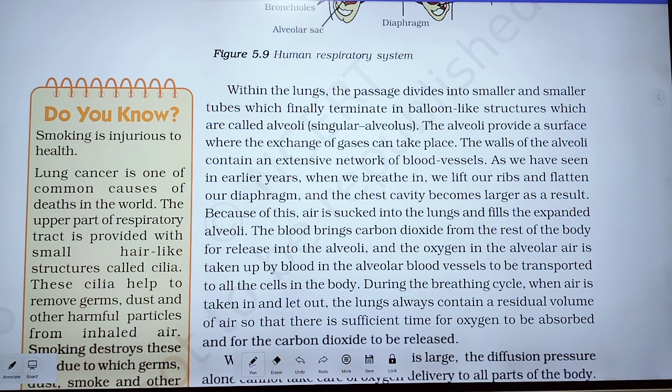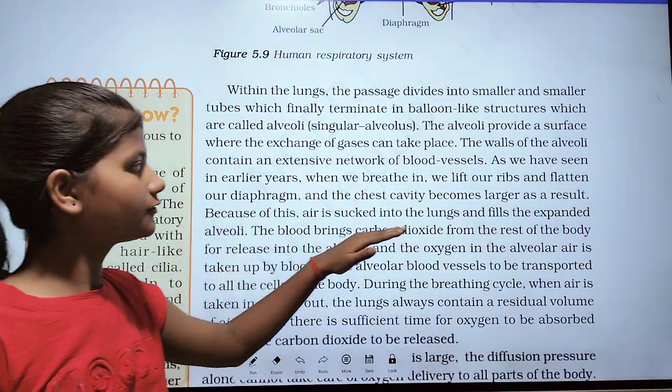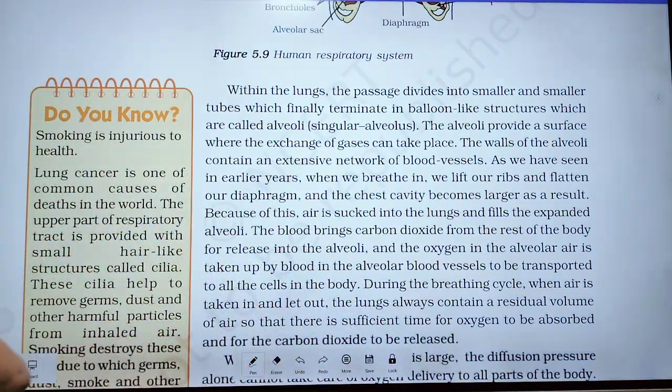Because of this, air is sucked into the lungs and fills the expanded alveoli.